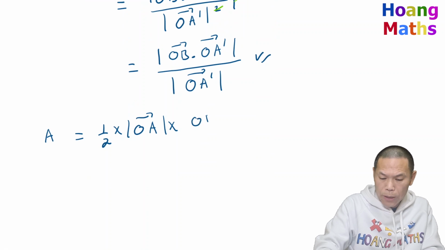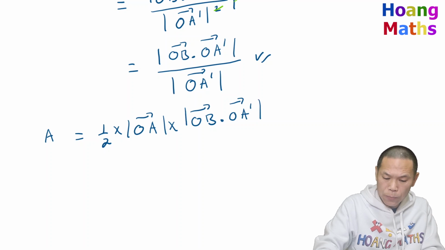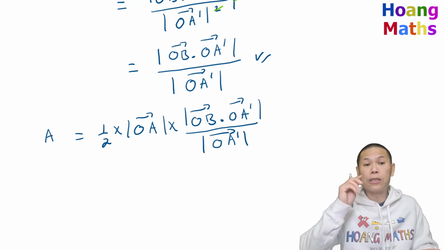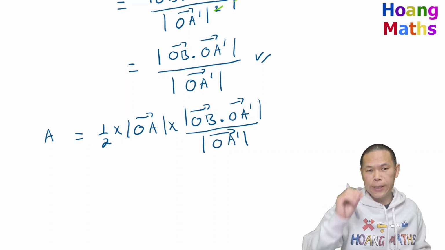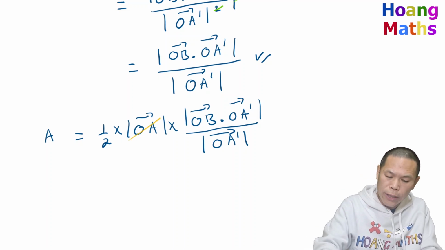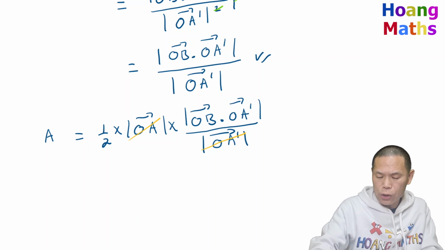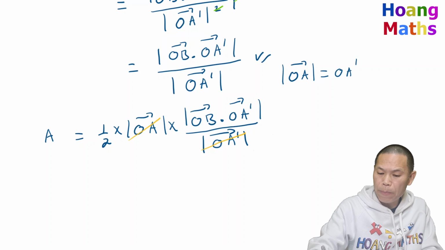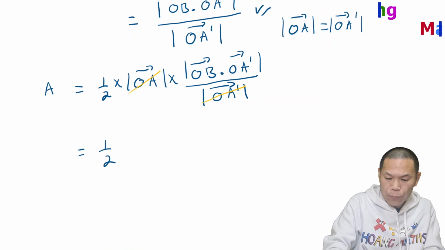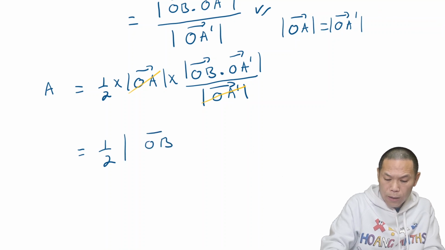That means OB dot OA prime magnitude over OA prime magnitude. And don't forget, the magnitude of OA prime is the same as the magnitude of OA. Therefore these two we can cancel out. Keep that in mind. That will give me a half of OB dot OA prime.